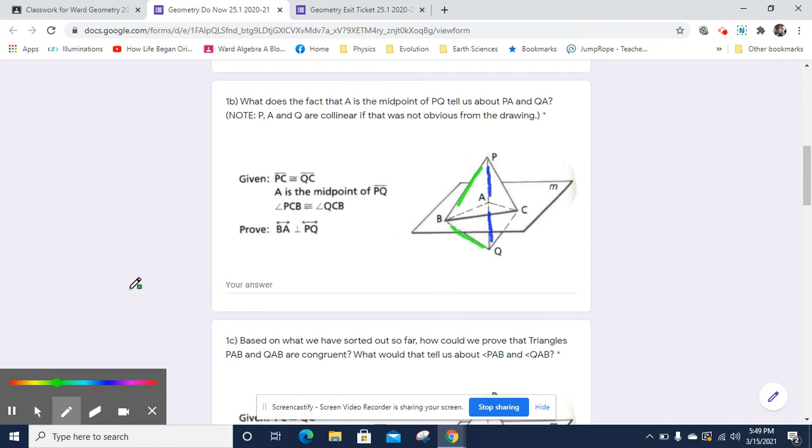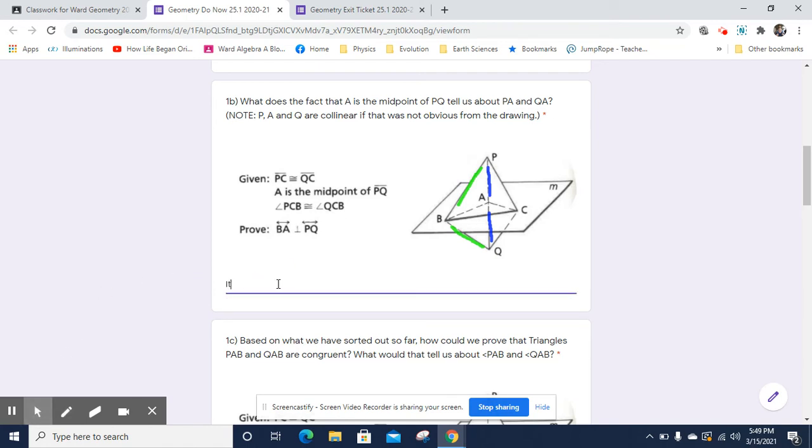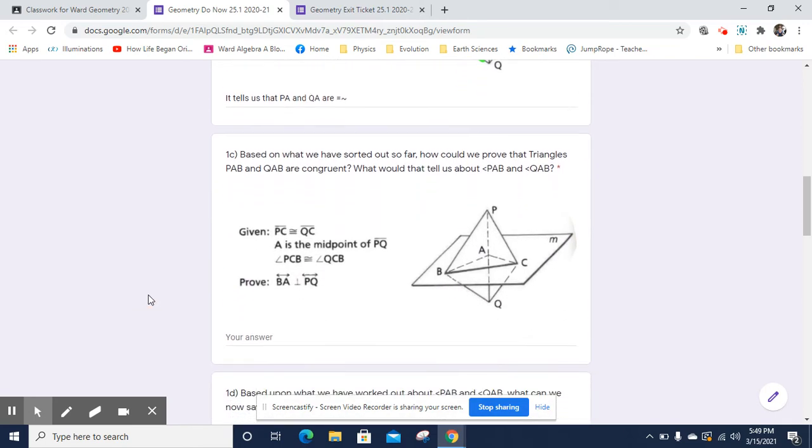You should be able to get some more stuff out of that in a second. So it tells us that PA and QA are congruent, because that's the definition of a midpoint.